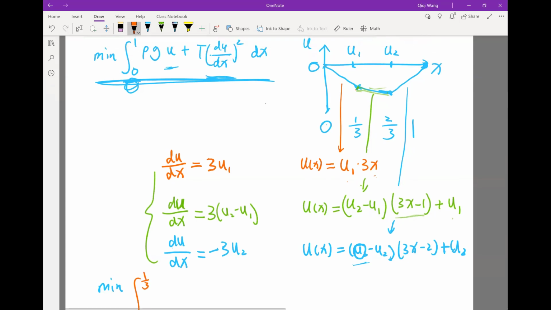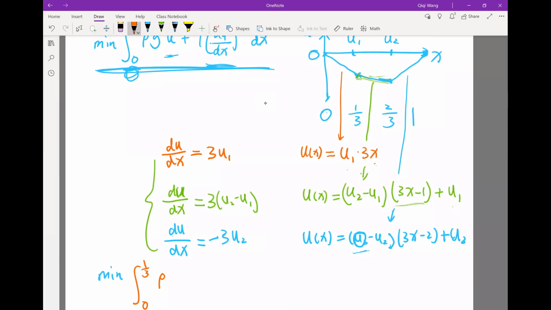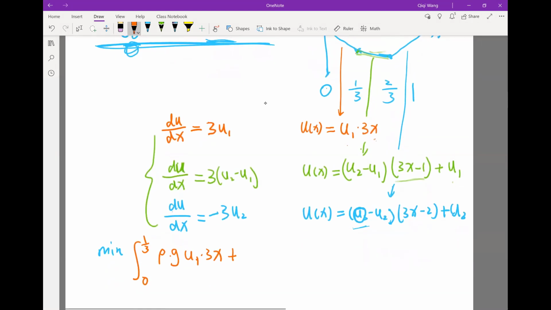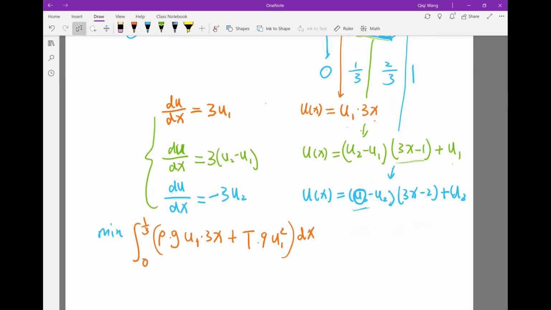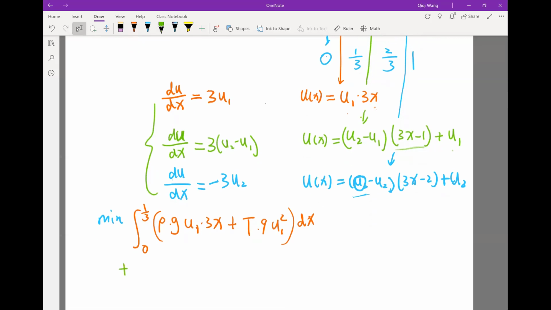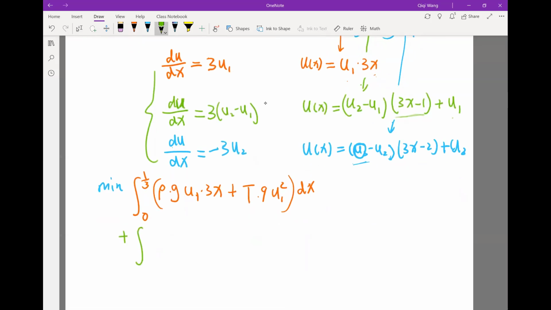We have rho g times u, which is u1 times 3x, okay, plus my t times 3u1 squared, so 9 times u1 squared dx.